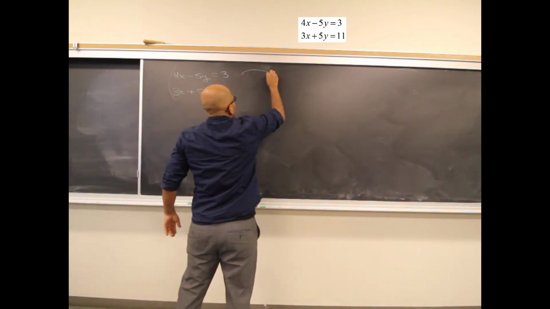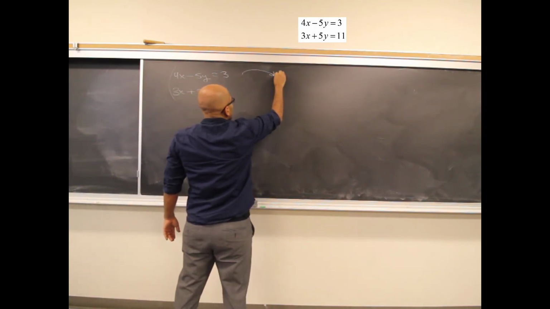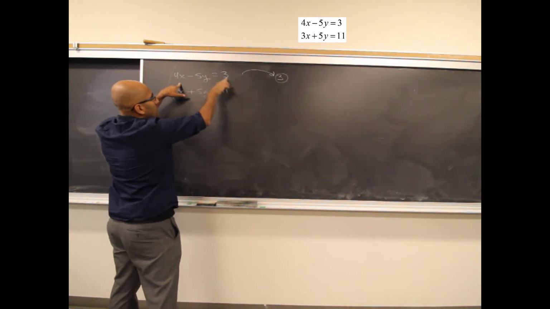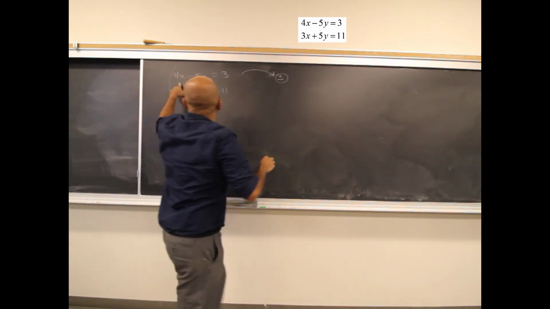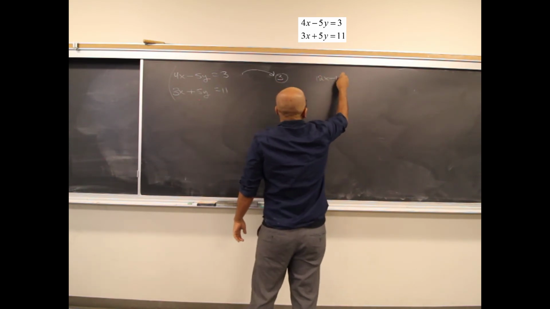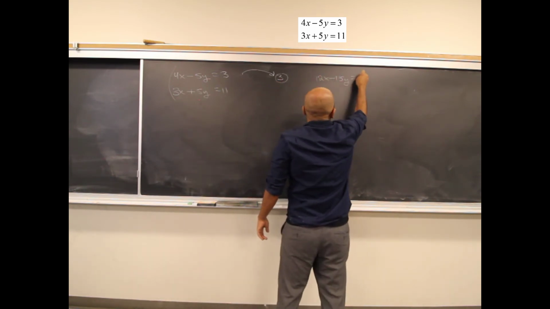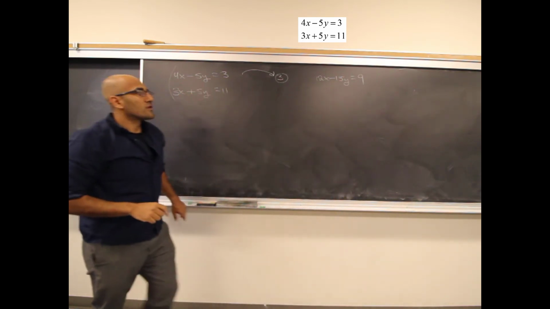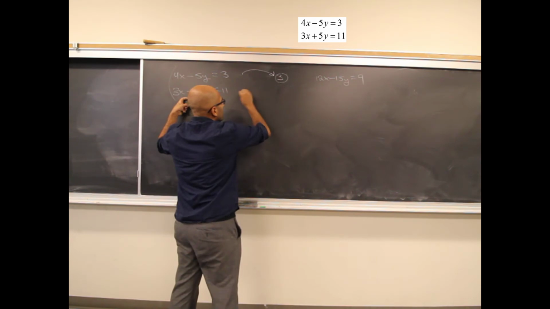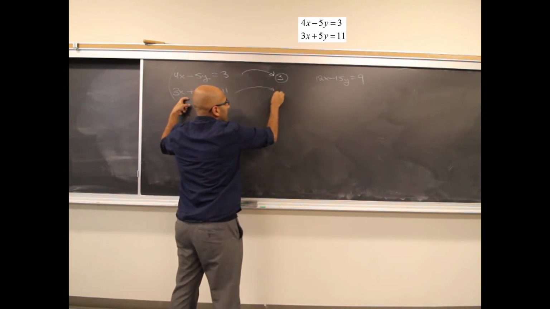So this is what I'm going to do. I'm going to multiply this by, say, 3. I know that if I multiply everything in the top equation by 3, I'm going to get a new equivalent equation. That's going to be 12x minus 15y equals 9. And then the bottom one, I'm going to multiply by negative 4.